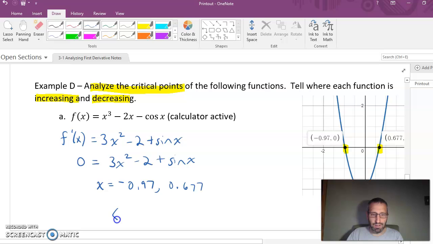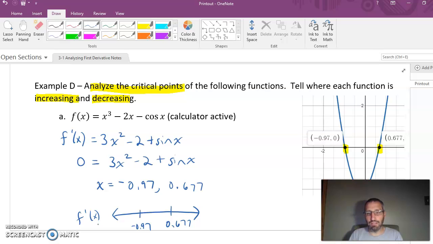Let's go ahead and set up our sign chart to help us here. Negative 0.97 and 0.677 for f prime of x. And because we've got a graphing calculator and we can see what that looks like, I think we can take a peek at doing the sections without actually plugging things into the equation.